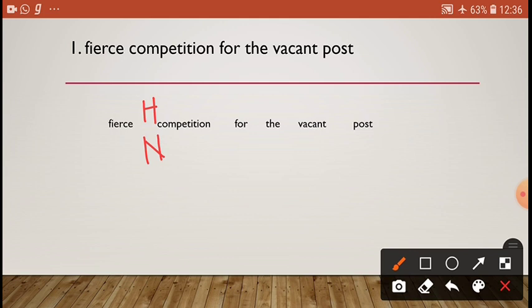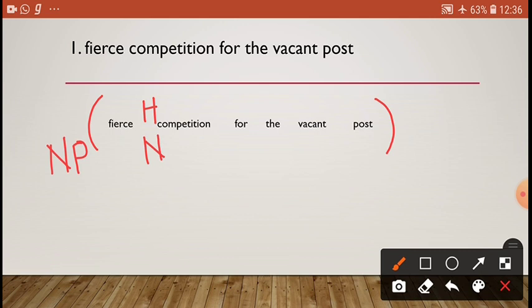We have written H at the top, and the form of competition is noun, so we have written N. If the head word is noun, then we can say this is a noun phrase. Okay, this is a noun phrase. If the head word is noun, then this is a noun phrase.